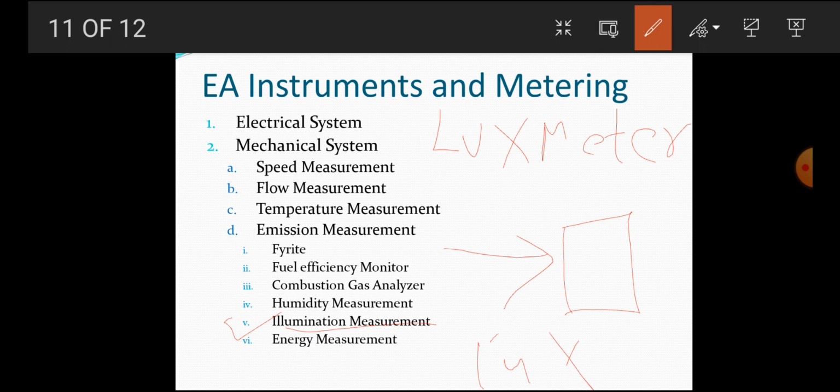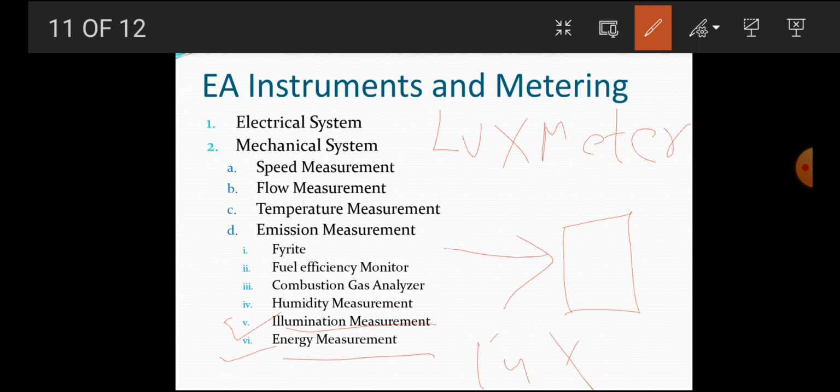And last but not the least is energy measurement. A smart meter usually refers to electric meters which keep detailed statistics of usage. The primary purpose of these meters is to provide information so that end users can track their electricity use on a real time basis.